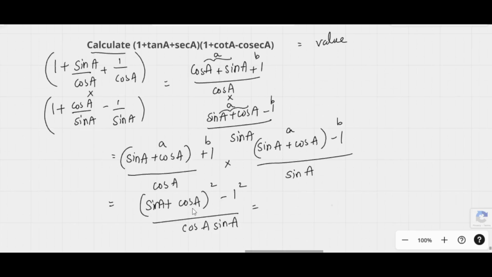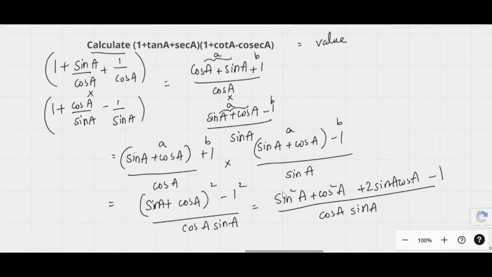What is (sin A plus cos A) square? It is nothing but the A plus B whole square formula. Just derive it: sin square A plus cos square A plus 2 sin A cos A minus 1, divided by cos A sin A.